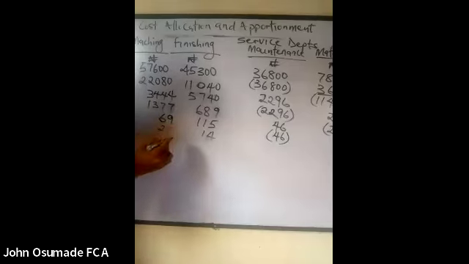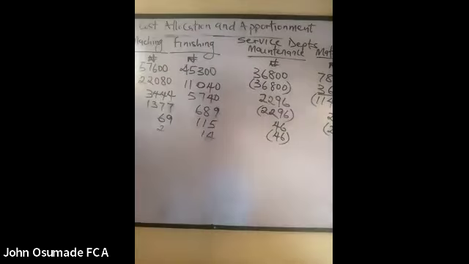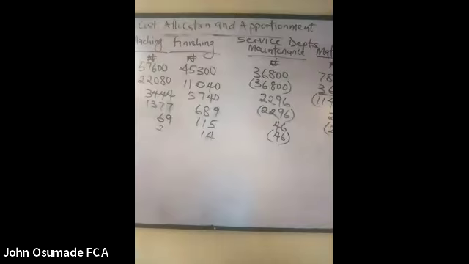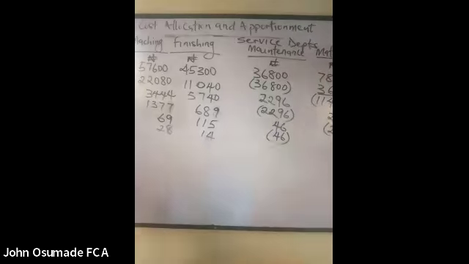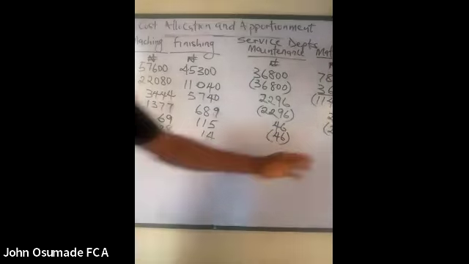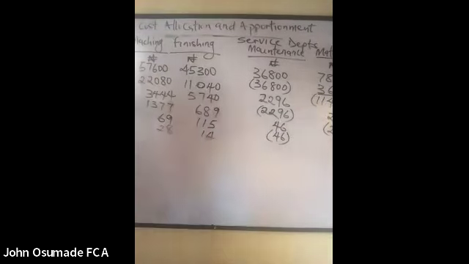28. Figure. 60%. 28 plus this. 28 plus 14 give me 42. 42 plus 5 will give me 47.